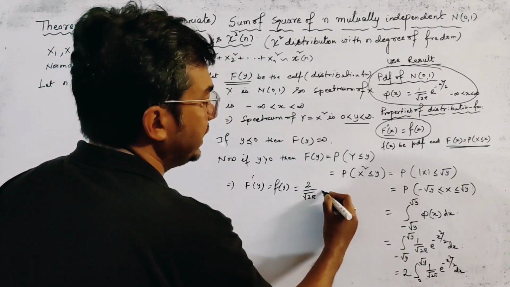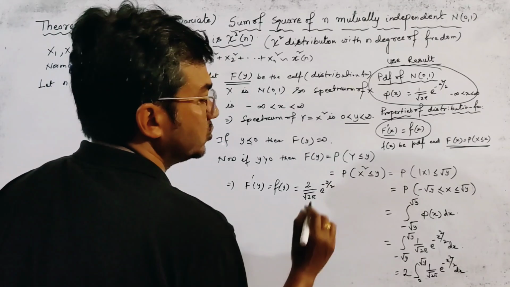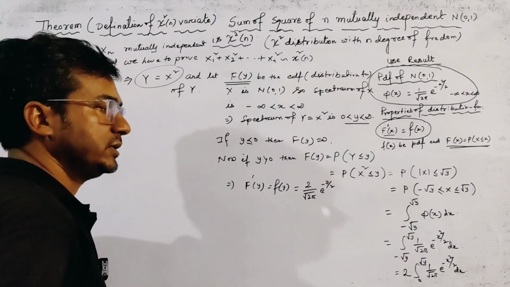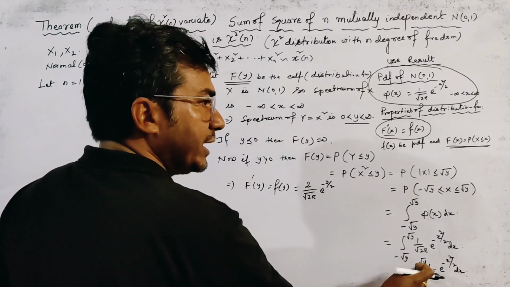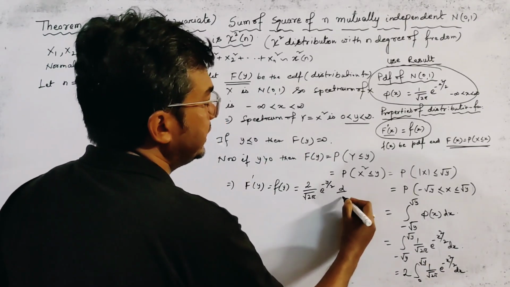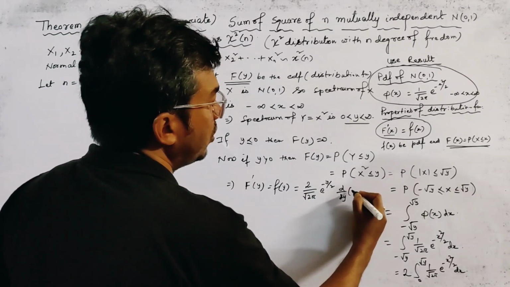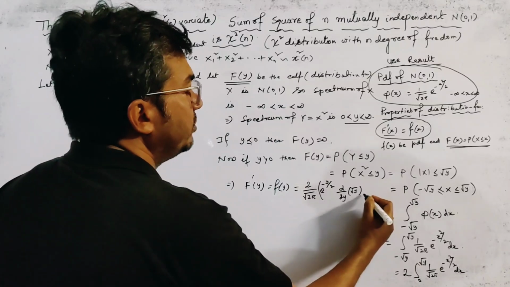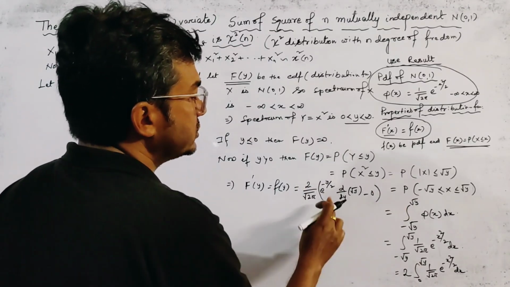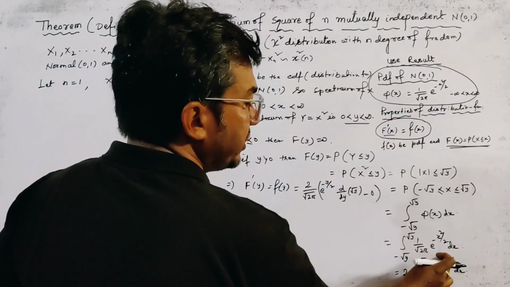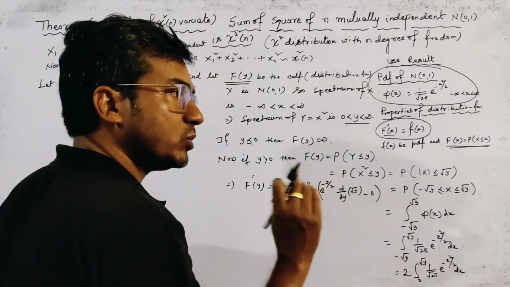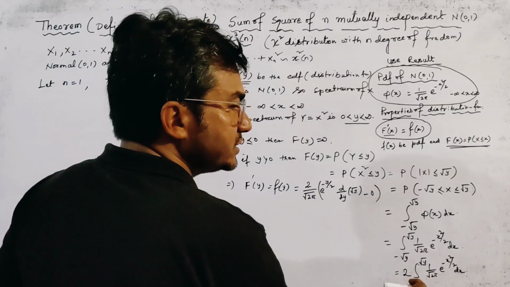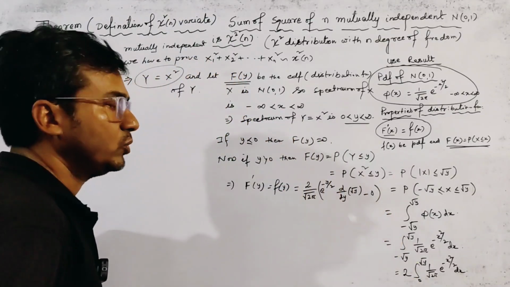This is e to the power minus y by 2, because x is root y, so x square is y, times d dy of root y, minus, for the lower limit, this is obviously 0, because if we put 0 in place of x, this is e to the power 0, which means 1, into d dy of 0, that is the lower limit, so it must be 0.